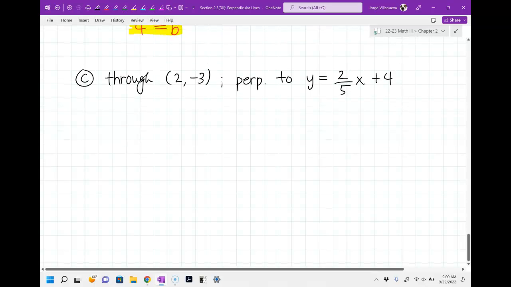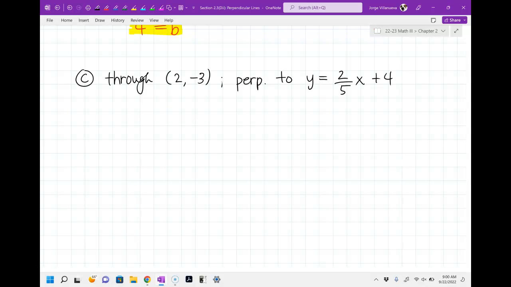So it's going through the point 2, negative 3, perpendicular to y equal to 2/5 x plus 4. And after this, we're done. I'll give you guys a homework. You only have 10 questions, just like you did in the other assignment with parallel lines. Let's give you a couple more seconds, and then we'll get going.